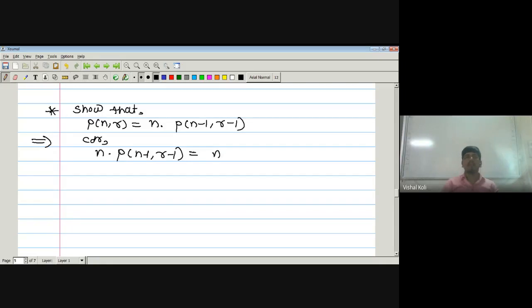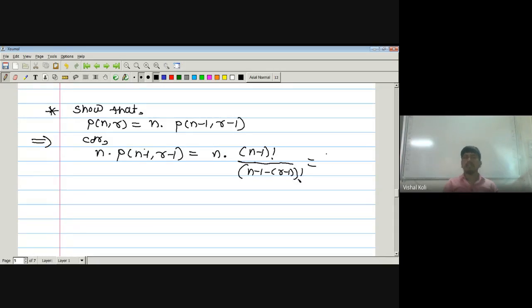This one is nothing but, by the definition of permutation, P(n,r) is n factorial divided by (n minus r) factorial. Here n is replaced by n minus 1, which is (n minus 1) factorial divided by (n minus 1 minus (r minus 1)) factorial.